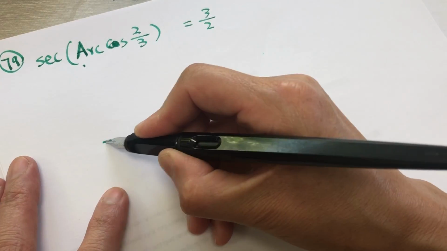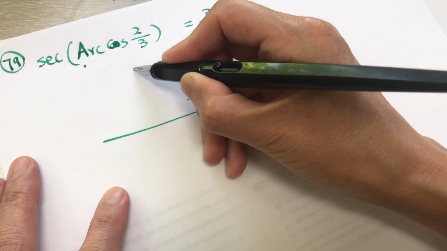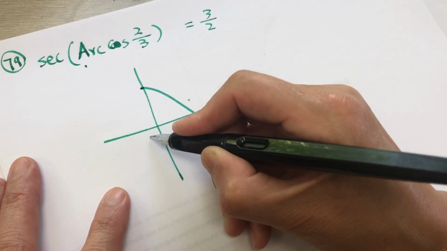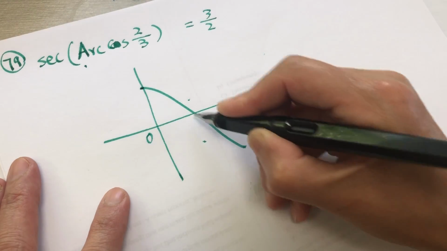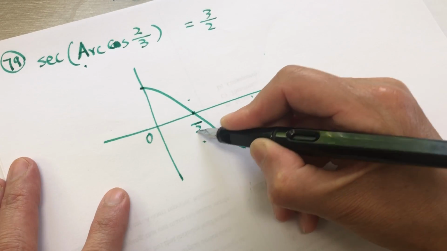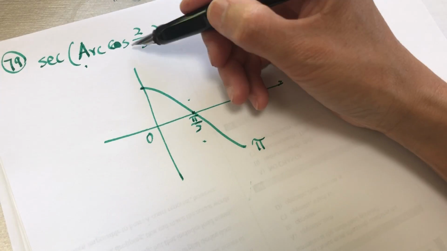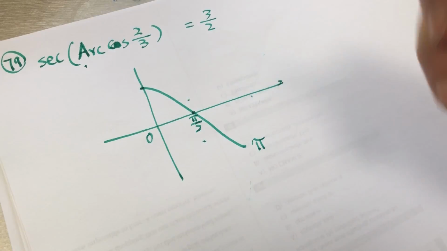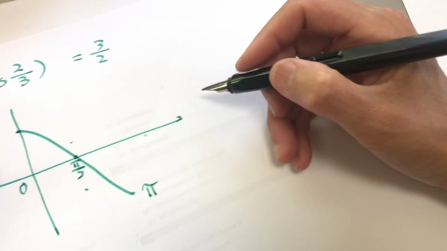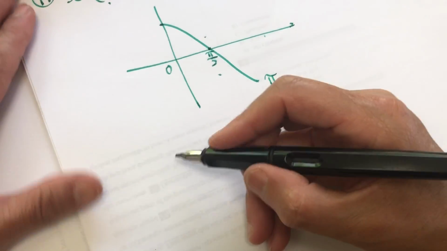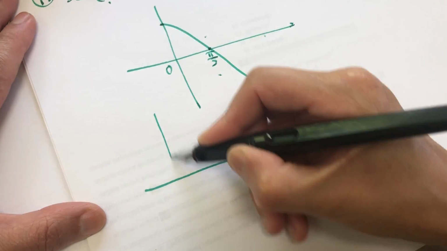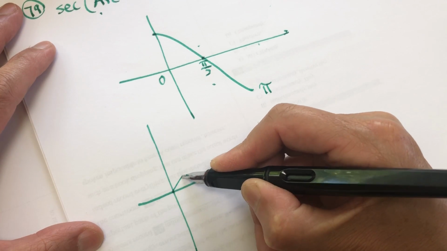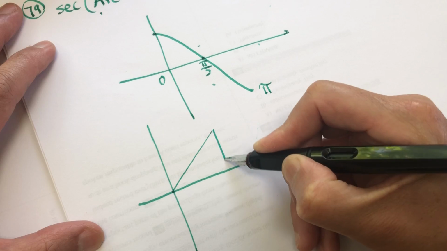And the cosine domain, let's take a look. The cosine domain is from 0 to pi, and here is half pi, right? And it's a positive value, so it must be in the first quadrant. So we can draw it like here. This angle is in the first quadrant, and cosine is 2/3.